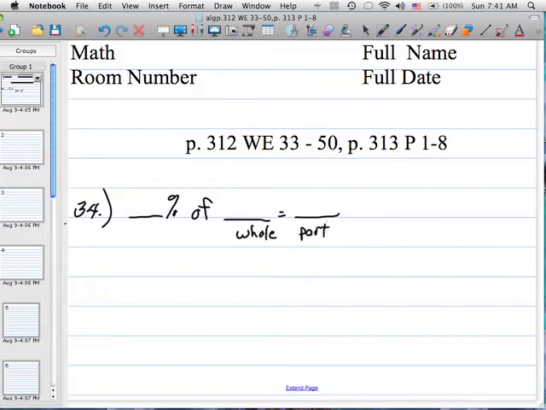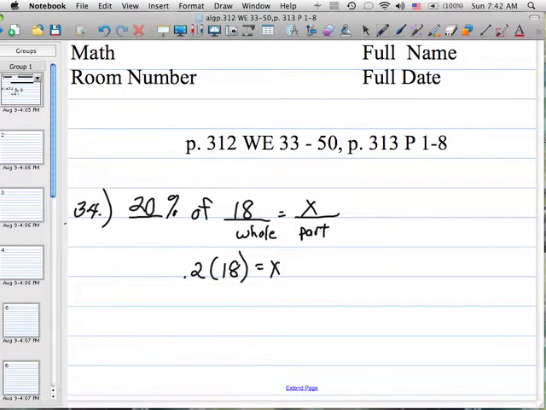And we're given in 34 the 20%, the percent, the original price, which is actually the whole amount, and we're looking for the part, the decrease, and then we're going to figure out the new price. So 20% of 18 would be 0.2 times 18.